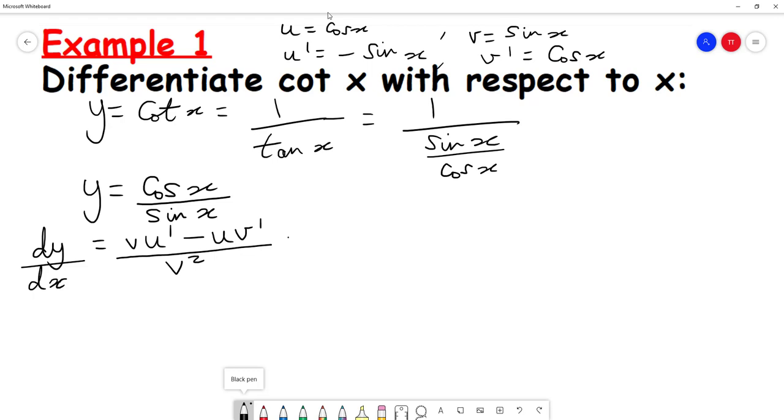So now we can substitute all these values into our quotient rule. So v in our case is sine x, u dash is going to be minus sine x, we've got minus here, and u is cos x, and v dash is also cos x.